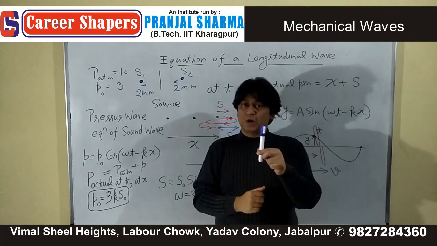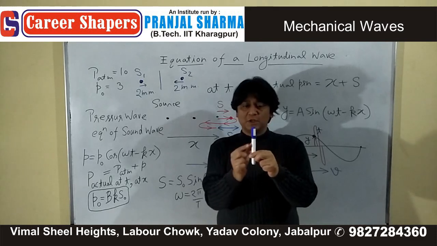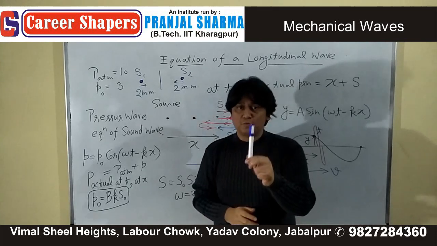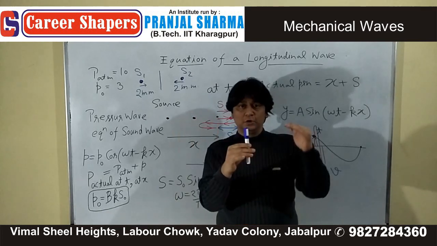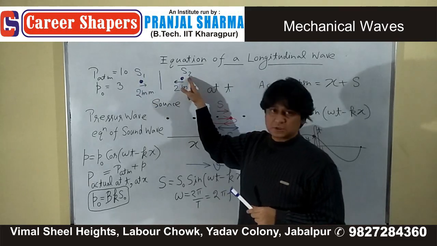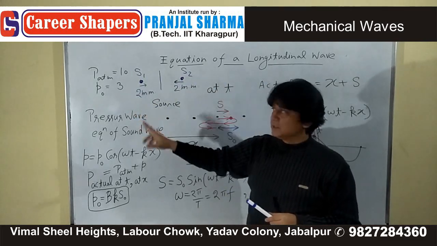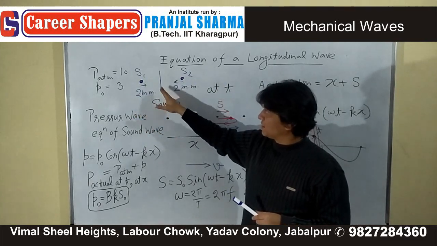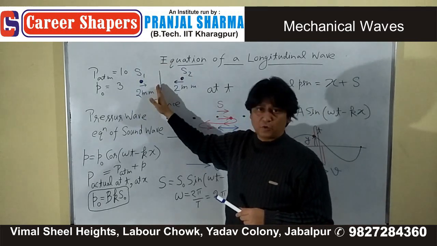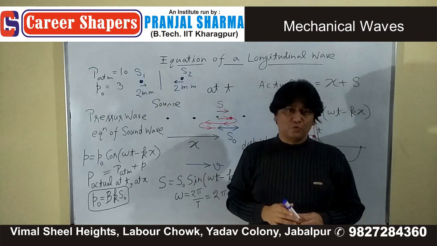If I ask you what the total displacement will be, you will say that this film is not going to move. The 2 and 2 cancel. If you switch on both sources at the same time, you will find that all the molecules present over here are not going to move.